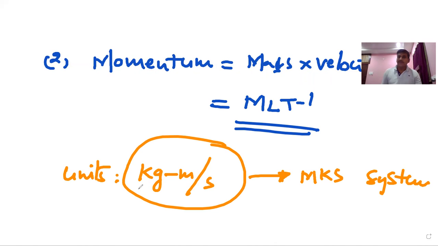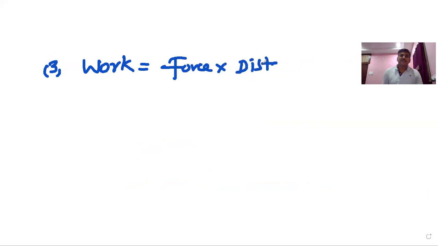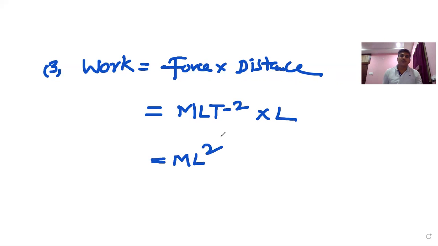Is it clear? Now let us see another quantity. Another quantity I would like to take up is work. Work is force into distance. Force dimension formula is MLT minus 2. Distance is L. So this becomes M L square T minus 2.